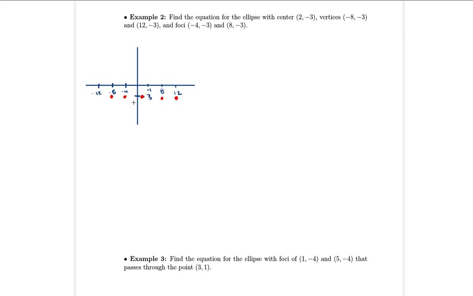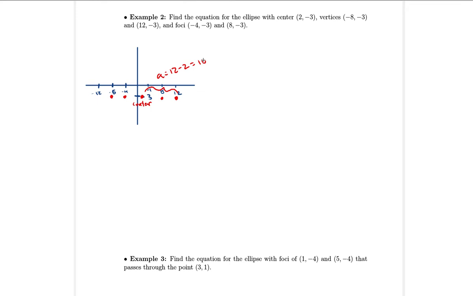And so that really kind of, for me, helps me get settled here. So if this here is the center, then I can start to make sense out of what A and C are. So I know that A is the distance from the center out to this vertex. So A is equal to 12 minus 2, which is 10.